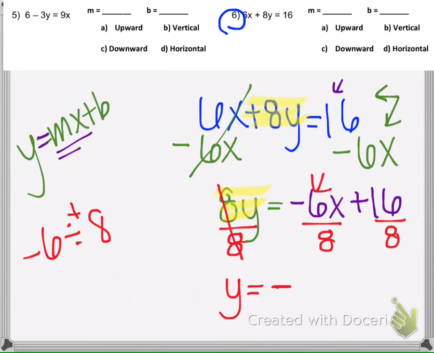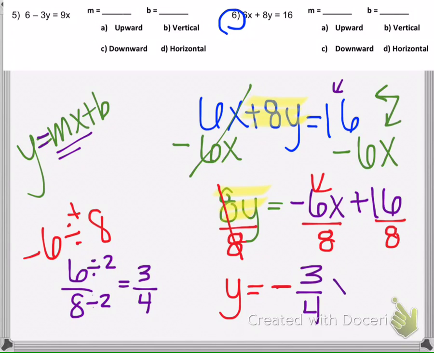But 6 divided by 8 doesn't go into 6 evenly. So we're going to take 6 over 8 and just simplify it. So divide both by 2, and we get 3/4. So negative 3/4 x. And then we have 16 divided by 8 right here, which is positive 2.